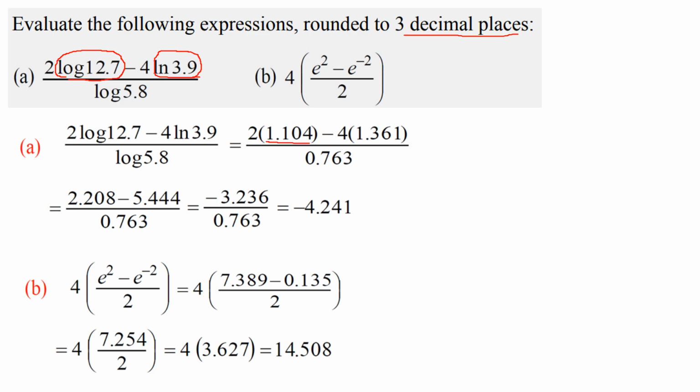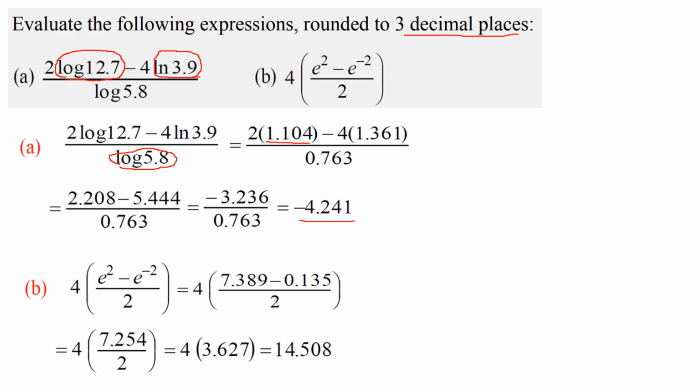Like 2 multiply this number gives 2.202 and 4 multiply 1.361 gives 5.44. And finally, what is log of 5.8? It is 0.763, and divided by 0.763 will give you -4.241.